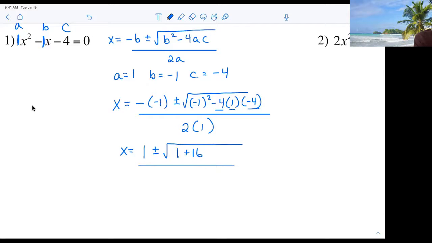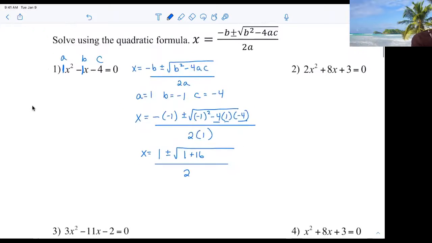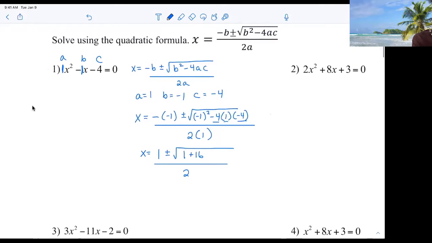All over what's 2 times 1? 2. So x equals 1 plus or minus the square root. What's 1 plus 16? 17 all over 2. And that is your answer. That's your answer for the quadratic formula.